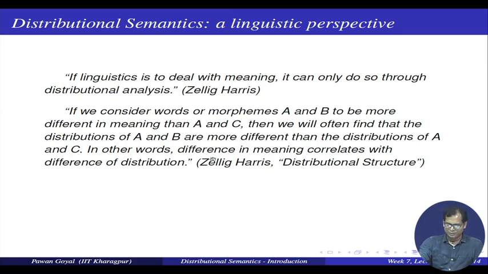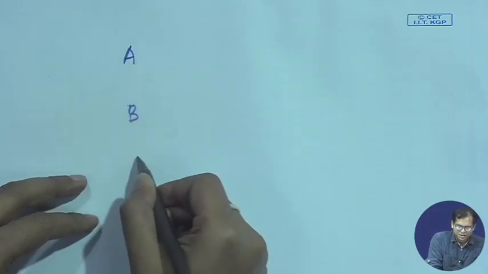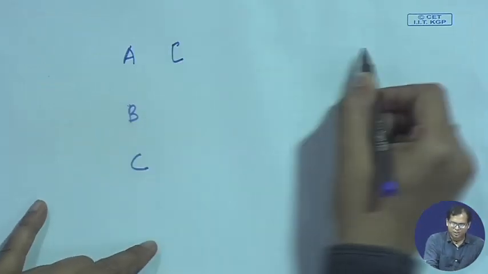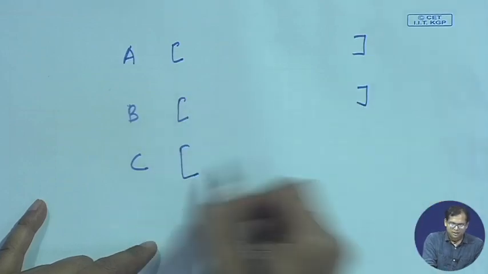So what he is saying is, suppose I take three different words or morphemes A, B and C, and suppose there is some way I can capture their distribution, that is, how they are occurring in the language.